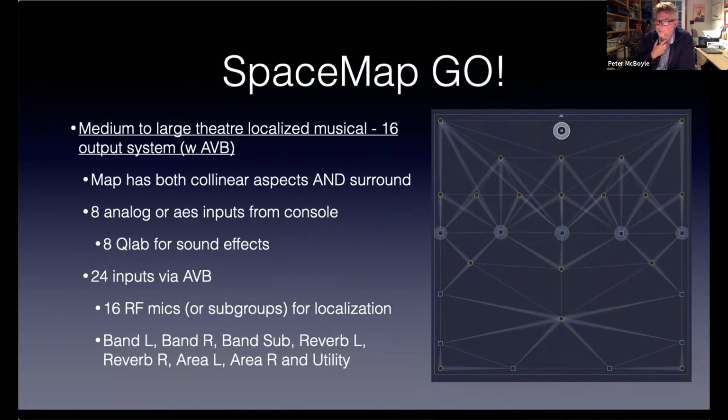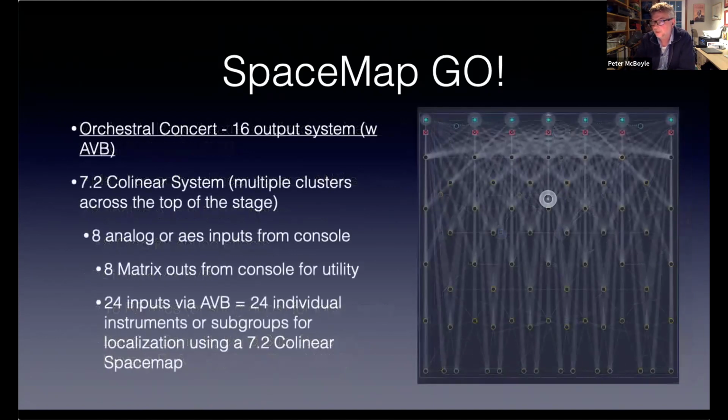So you can use 8 analog or AES inputs from the console for maybe QLab and sound effects, and then 24 inputs via AVB could be for 16 RFs or subgroups of RFs, and then maybe the band and some other things going in. But that's kind of neat to be able to have a collinear type situation and a surround situation happening at the same time.